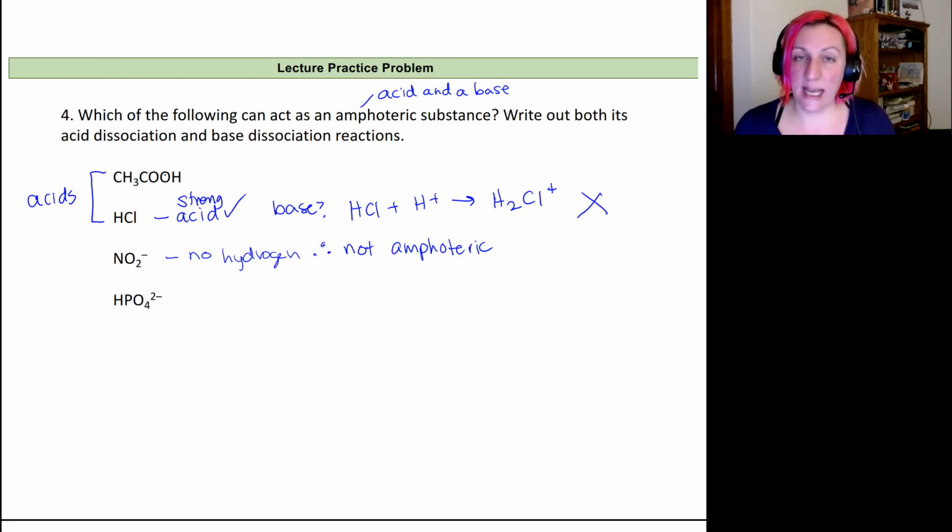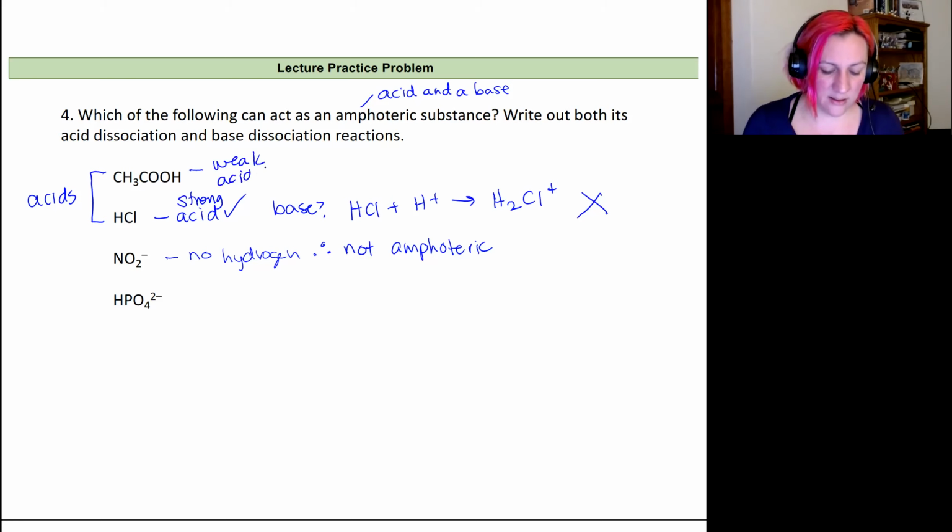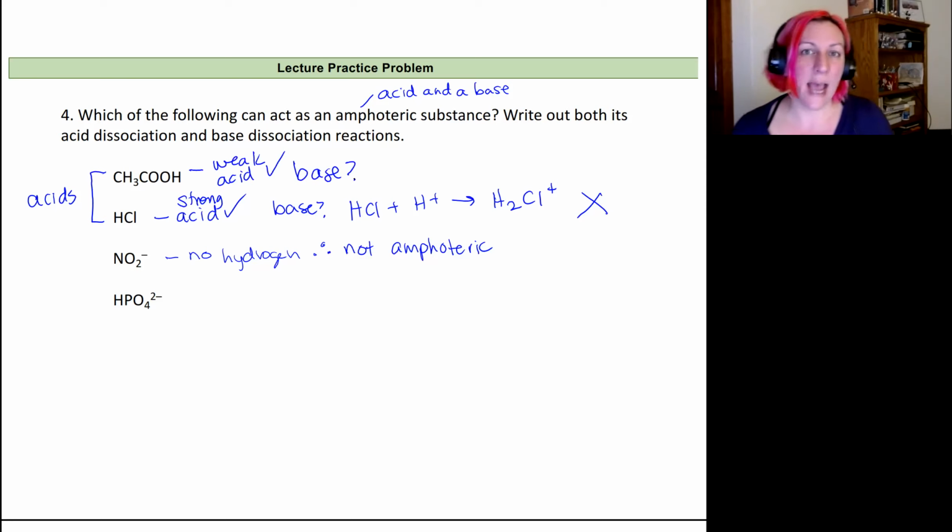Now, our acetic acid is a weak acid, and we'll talk about what strong and weak mean later. So it can definitely be an acid. Now, if it's a base, we're going to be accepting a hydrogen at the lone pair at one of these oxygens, which is possible. We see this as part of an intermediate in mechanisms in organic chemistry.